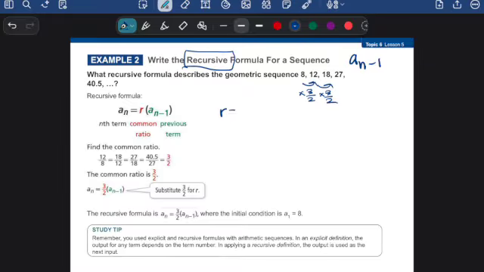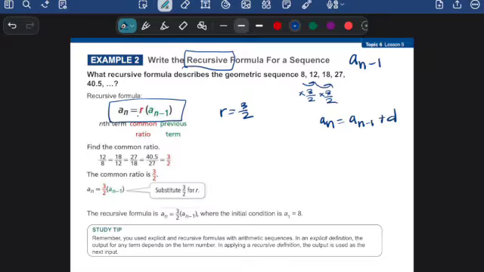So R is 3/2. And then instead of adding it to our previous term, I'm going to show you the arithmetic recursive formula. You take the previous term and then you add the common difference. That's our arithmetic recursive formula. Instead of adding the pattern, we're going to multiply the pattern, right? So it just goes in front like a coefficient.